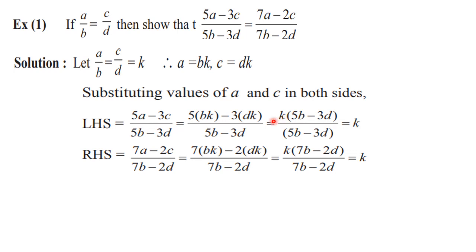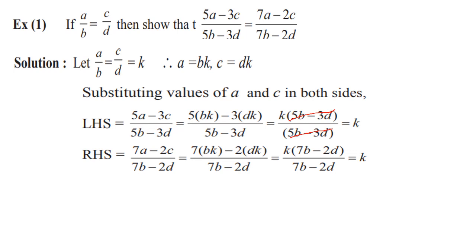So that K is taken out and inside the bracket we are left with 5B minus 3D. And now in this step the denominator also we are writing in a bracket so that it is possible for us to cancel this bracket. See, the equal bracket is seen here in numerator and denominator, so it is cancelled. So LHS we have simplified to K.